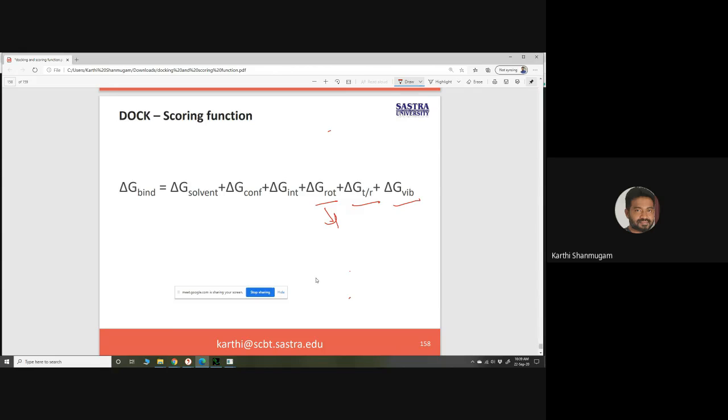So delta G ROT is called rotational. The molecule will be in constant rotation, and delta G vibe is vibration. The molecules will be in constant vibration, and delta G TR is called translational rotation, translation and rotation.